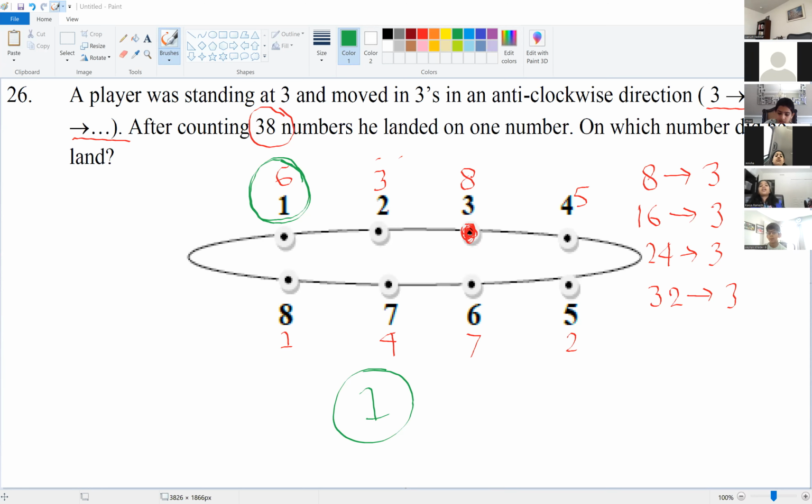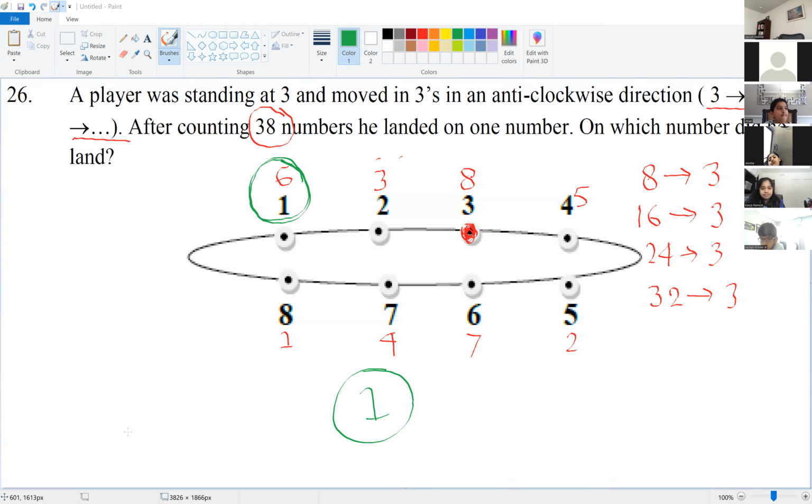Why did they say 3, 8, 5? Because it's anti-clockwise. So from 3, you'd go to 8. That's your first number. Why do you go to 8? Because that's what the question says.